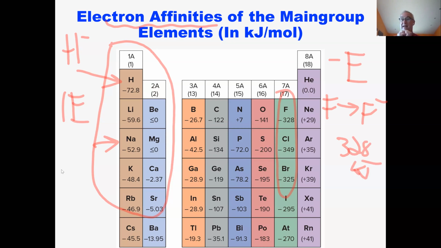So that's the amount of energy that's given off. What this means is that fluoride ion is this much more stable than fluorine. The bigger this number is in the negative, the more stable its anion is. And a fluoride ion is much more stable than a hydride ion is. So the more negative it is, the more stable it is, okay?